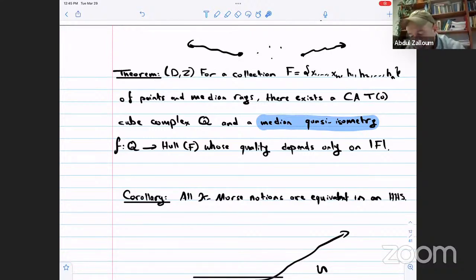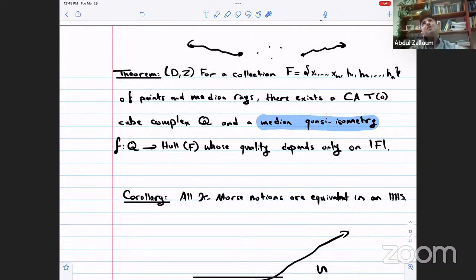I mean, if you take two hyperbolic spaces, x and y, and you take a quasi-symmetry between them, then it's automatically median. Every quasi-symmetry between two hyperbolic spaces is a median quasi-symmetry. So lots of properties that are preserved for quasi-symmetries between hyperbolic spaces are only preserved because the quasi-symmetry is actually a median quasi-symmetry.